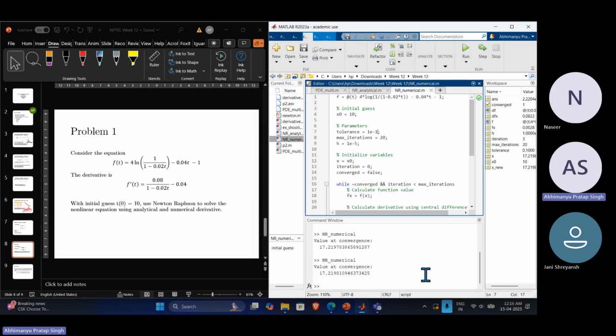That shows us how robust the Newton-Raphson method is, especially for single variable cases. For multivariable cases also, it will converge, but for such loose tolerances, the results will not be closer to the analytical Jacobians. Okay. So usually the tolerances should be in the range of 10 to the power minus 6, minus 7, minus 5, in that range only. But for a single variable, you can see that it is still a respectable result.